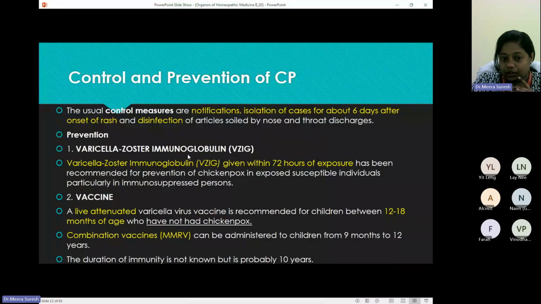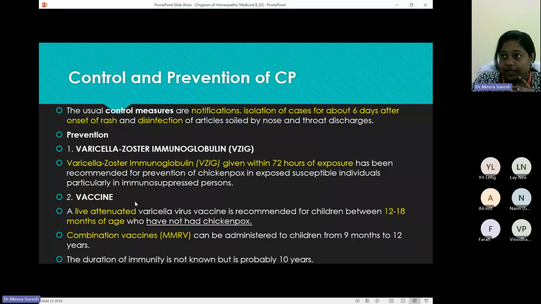But the one that we commonly use is immunoglobulin, which means we inject antibodies directly into his body. Usually if we give immunoglobulin, it is after the exposure, giving passive immunity. The immune system of the exposed person doesn't have to produce the antibody.